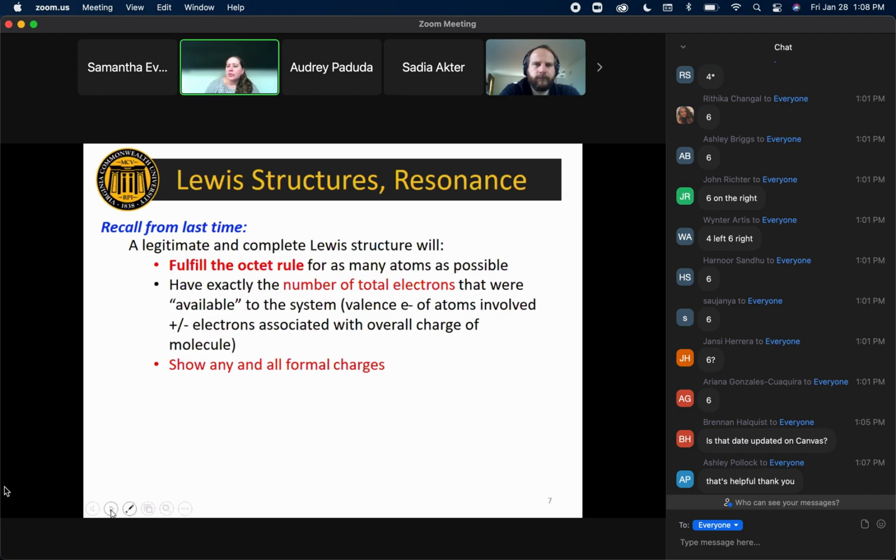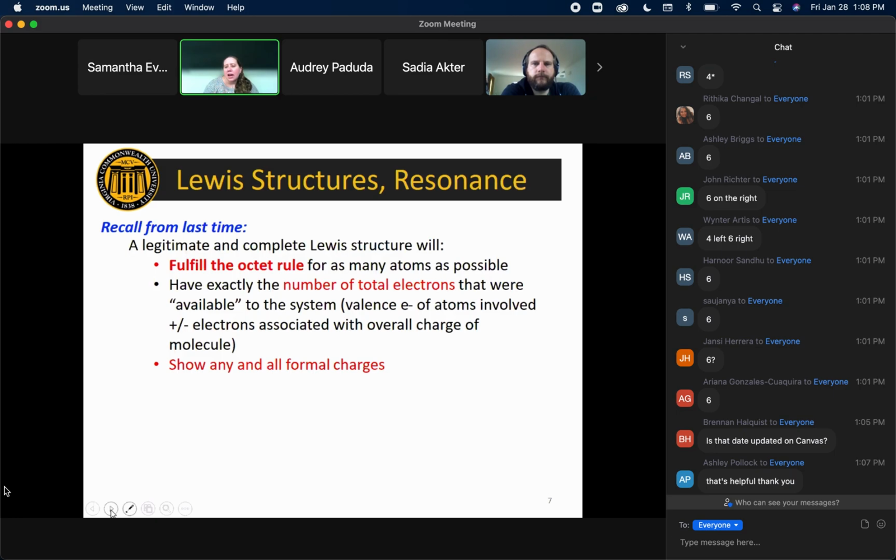So hopefully you guys remember from last time, but now we know enough from what we've learned so far in the chapter to understand that a complete Lewis structure is going to try to fulfill the octet rule for as many atoms as possible. It's not going to break the octet rule for any atoms, right? We're not going to have any atoms with more than 8 electrons, no 10 electron atoms.